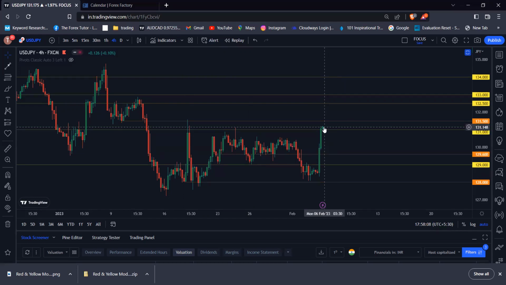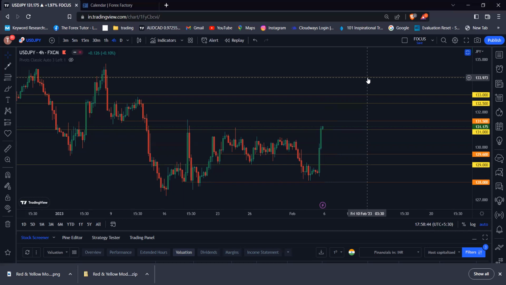In the second scenario, if we see the USD Yen break the 131.500 psychological number, then it's moving towards the first target, 132.500 psychological number, then 133.00 psychological number. The third target should be the 134.00 psychological number. But this can happen if the US dollar gains some momentum this week.